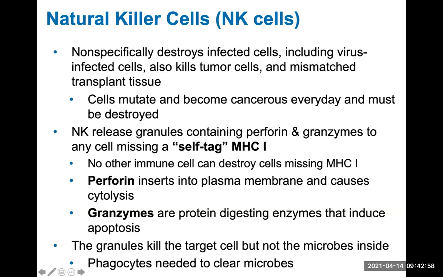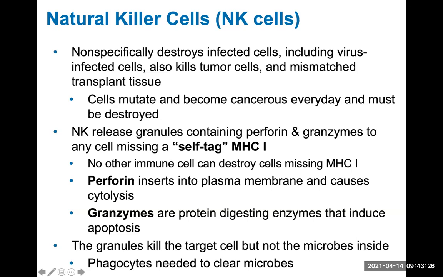And just to be certain that the cell dies, we also have granzyme, which are protein digesting enzymes, and that digestion of the protein is going to trigger the cell to start a process called apoptosis. The cell very well might burst open from perforin before the granzyme actually does its job, but in case somehow the perforin doesn't kill, you have this backup system, right?